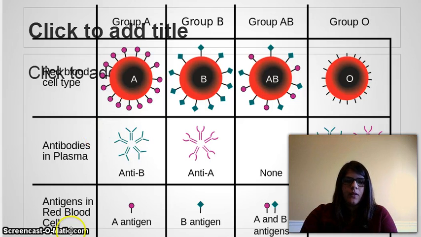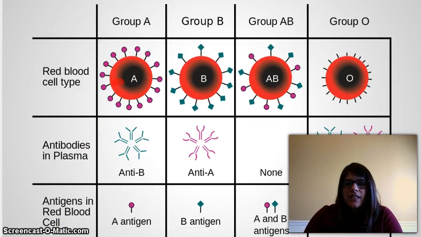Okay, hold on. As you can see on the blood types here, we have type A, B, AB, and O. Type A has the antigen A on the cell, where it has the antibody B in your plasma. So see this right here? That is your antibody. That is why we can only receive certain types of blood.